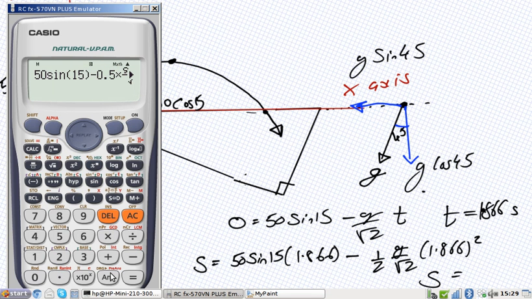Actually, I left out the t here: u t, and then minus a half g over root 2 t squared. Okay, 12.07 meters is the maximum height above the plane.